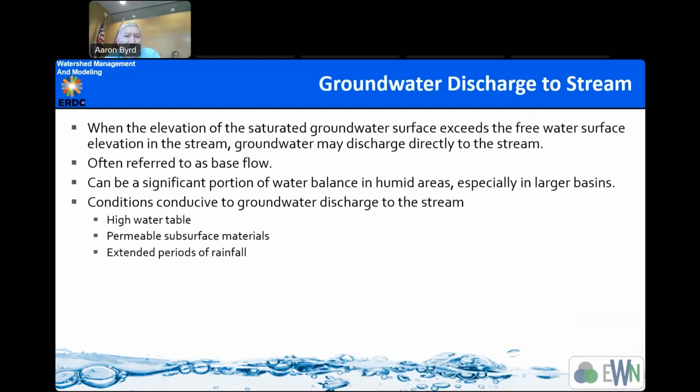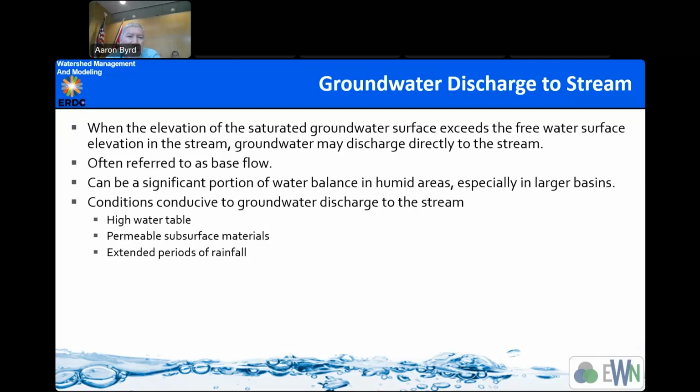Groundwater discharge to the stream happens where the groundwater table is higher than the surface of the stream. People talk about base flow, and base flow is the contribution from the groundwater. So if in a class that term comes up, think of it as the groundwater component of the flow.